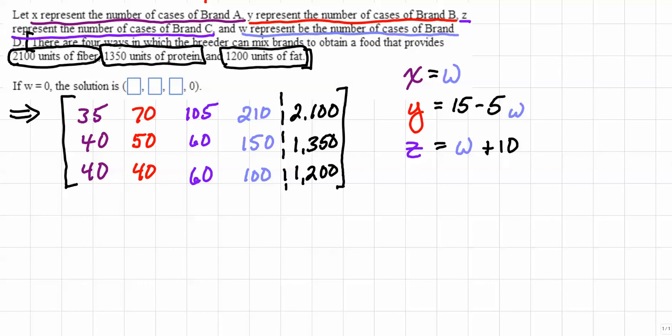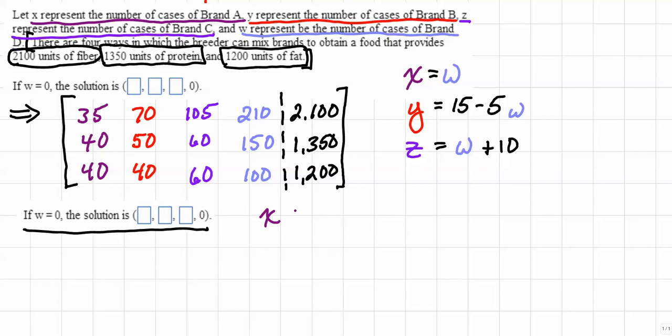So, if we're given this statement, if w equals 0, the solution is, well, we simply will take x and we will set that equal to whatever w is, which in this particular case is 0. And then we will take y and we will set that equal to 15 minus 5 times whatever w is, which in this case happens to be 0.